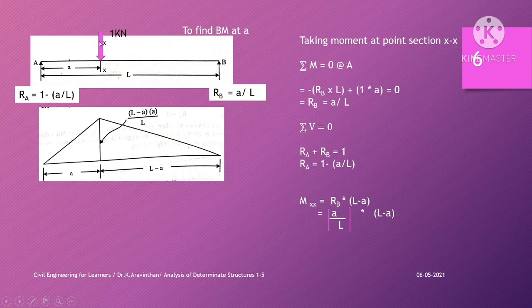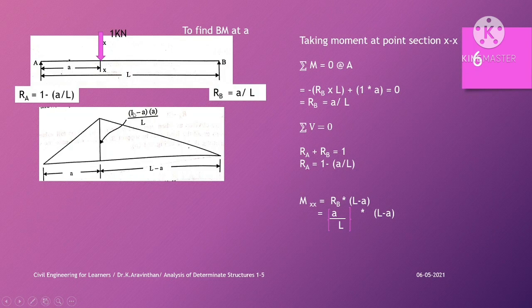For example, instead of 1 kilonewton, if 100 kilonewton is acting, you just have to multiply 100 into the height. So how will you find this height? Say for example, this is 10 meter and this is 3 meter.